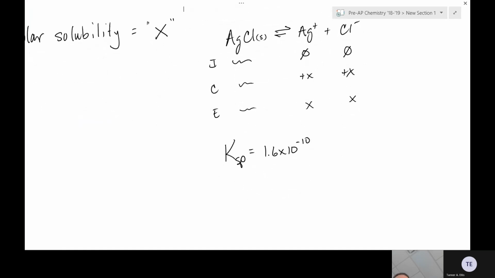Everybody with me? That is equal to x squared. Then x is basically equal to the square root of 1.6 times 10 to the negative 10. Y'all with me? So x on this is equal to 1.